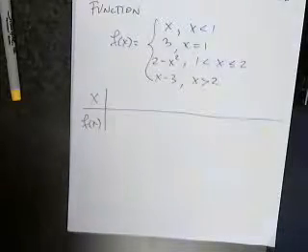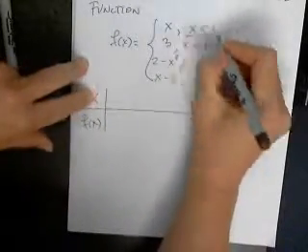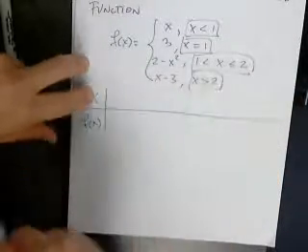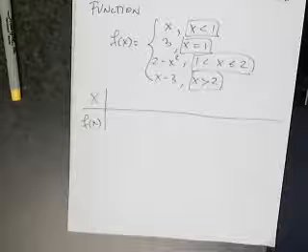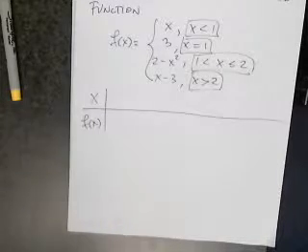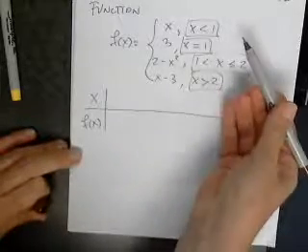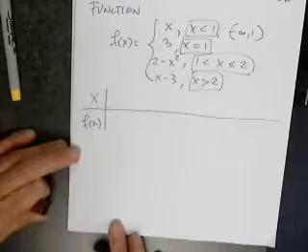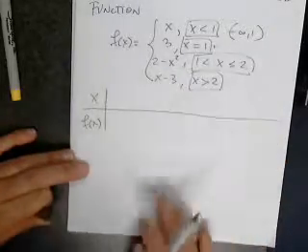By simply looking at this. All these 4 pieces of information will give us the domain. This means to the left of 1, like -infinity to 1. This means x equals 1.